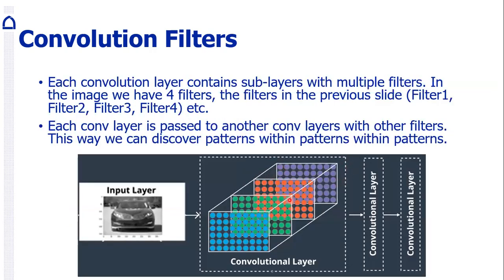Here is the idea of the convolution layer. We have the first convolution layer, the second, and the third convolution layer, but we have zoomed in on one convolution layer to see what is inside it. Inside this convolution layer we have sublayers, and these sublayers are the output of the filters.